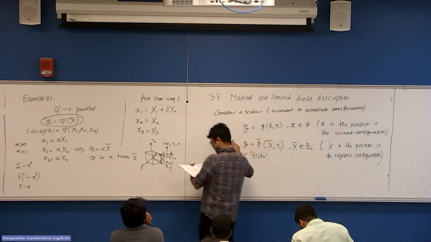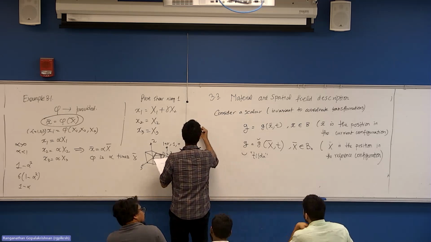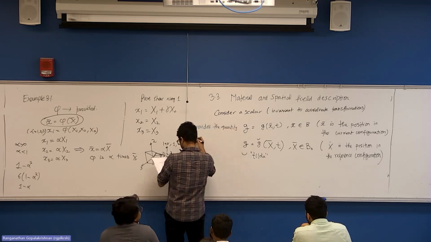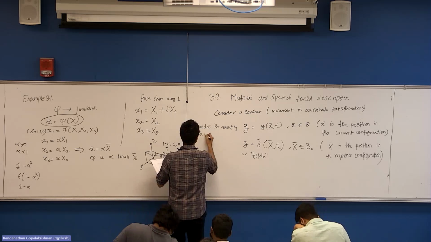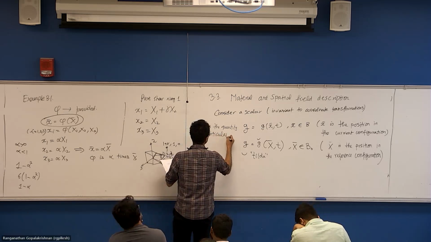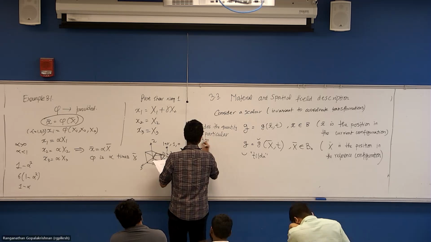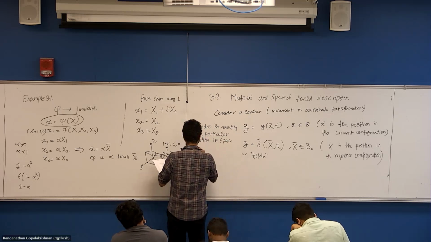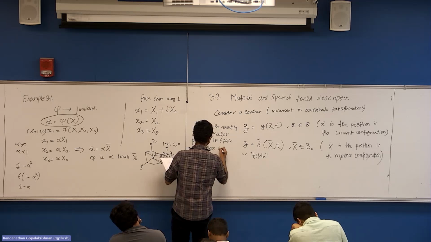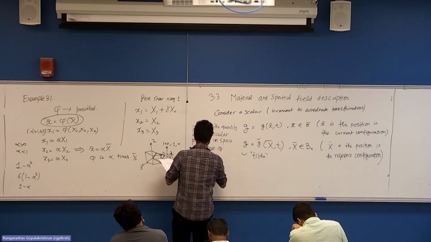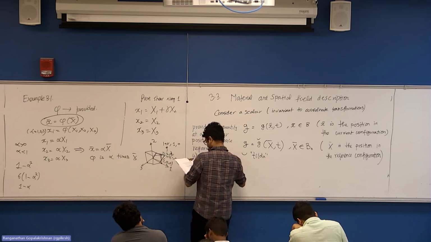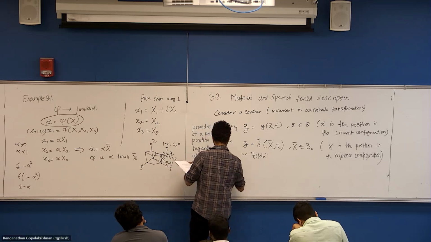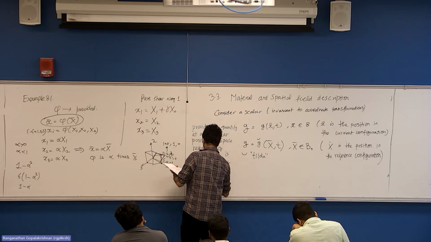G of x comma t provides the quantity at a particular position in space, regardless of which particle is occupying it at time t.